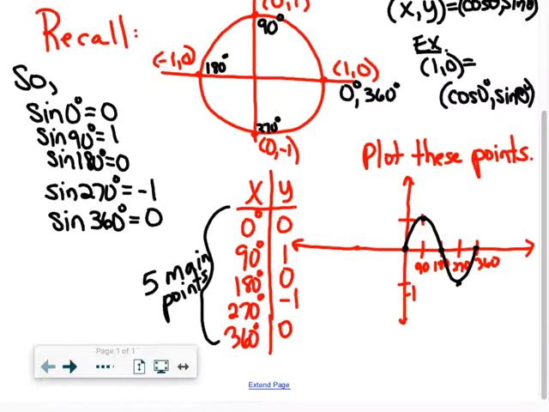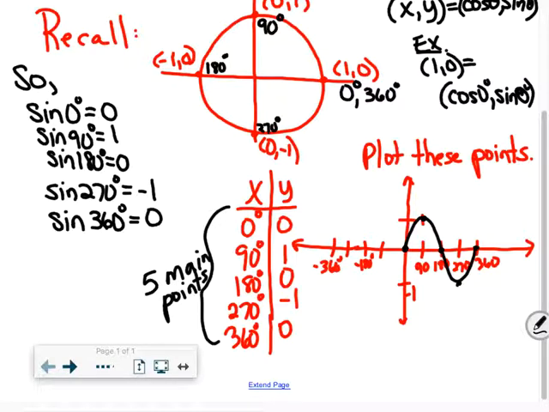Now what's neat is that they repeat, repeat, repeat. And if you remember the beginning of our chapter, we talked about periodic functions. So if I go ahead and continue 4 ticks to the left so that it goes to -360, and this one's -180.